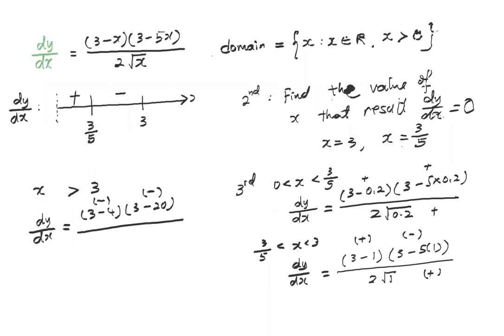Divide by 2 square root of 4, this is positive. That means if I sketch the graph, I know that my graph of dy/dx will be positive, above the x-axis. From 3 over 5 to 3, it will be below the x-axis, and the rest above.